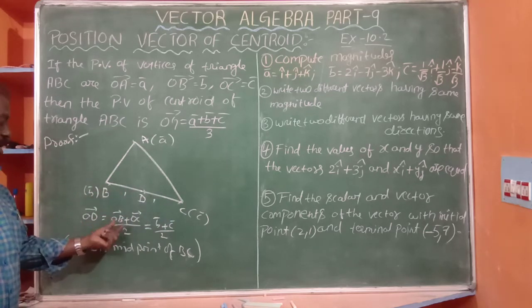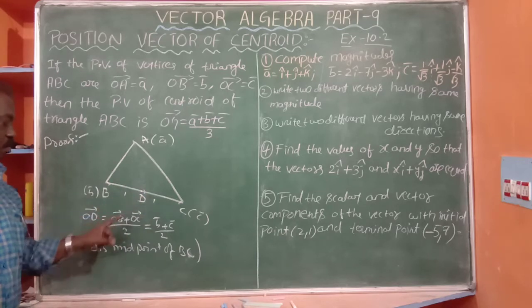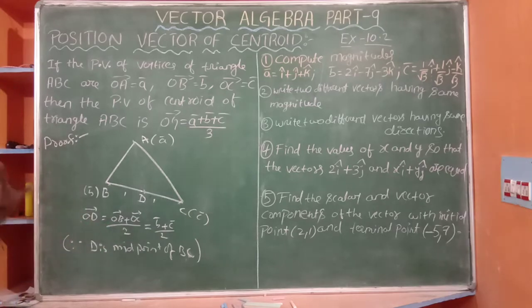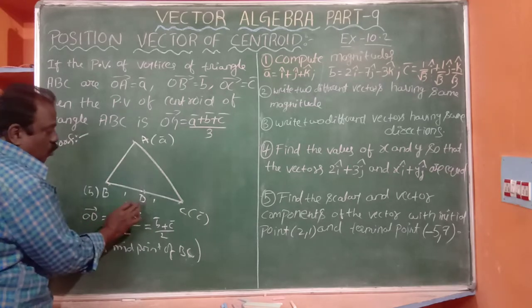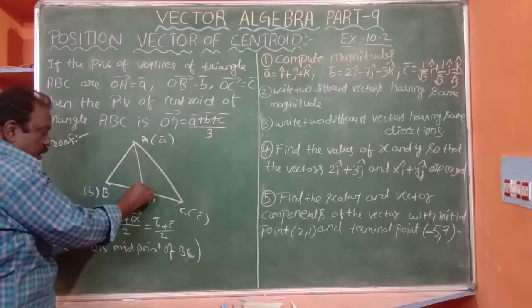That is, OB bar plus OC bar by 2, where 2 means m plus n, 1 plus 1. Is it clear? Try to understand. So the OD bar vector is there. We know OD bar. Now we join AD.